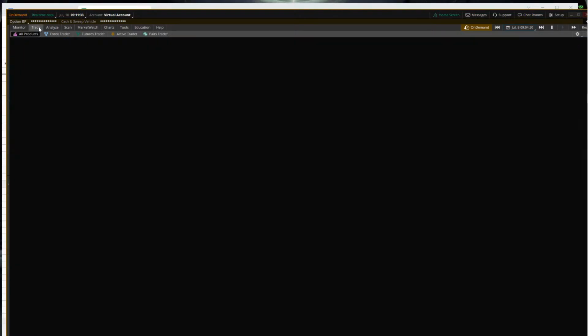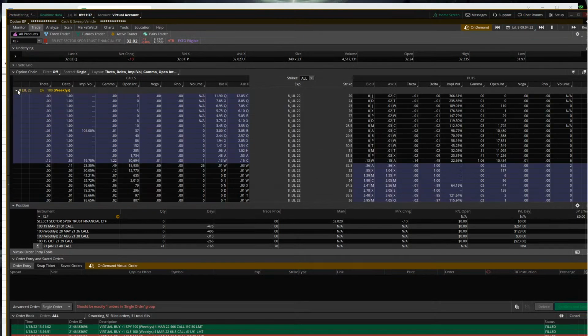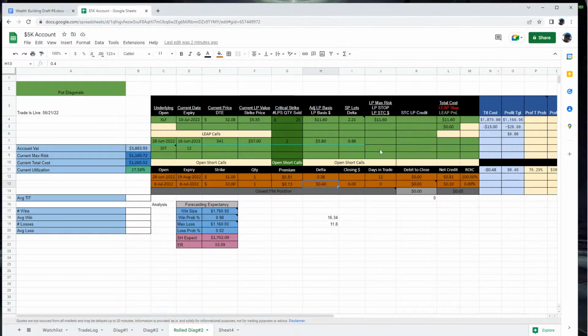So if we go to trade, and it was the 32 right here, delta was 48, so I wasn't too far off. And then looking over at that, so we've made, that's not right yet.